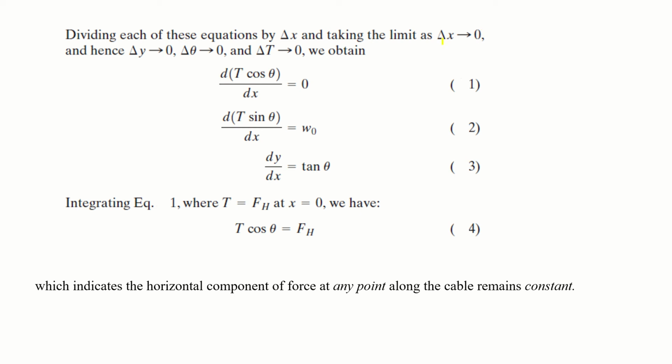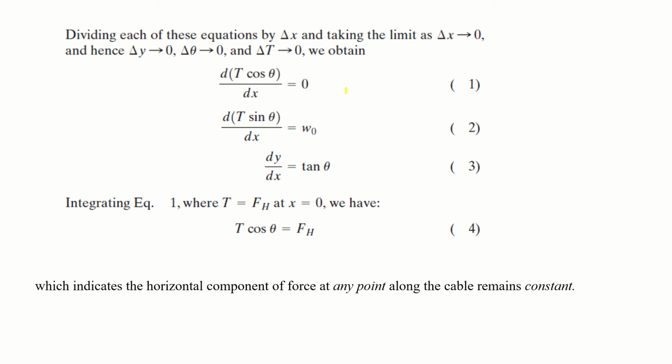If delta x is approaching 0, then delta y will also approach 0, delta theta will approach 0 because it will also be too small, and delta T, the change in the tensile force, will also approach 0 because it will be too small. So what we will be obtaining after that is the following.